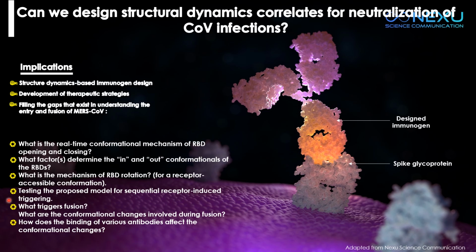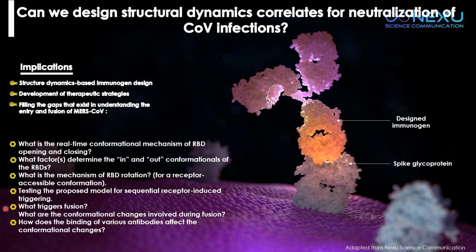So, yeah. The next question is to understand what triggers fusion. What are the triggering factors which lead to fusion? What are the triggering factors which tell the spike protein that yes, the next step is to dissociate the S1 from the S2 subdomain, and the S2 subdomain to open up into that dramatic conformational rearrangement, and the two membranes to fuse.